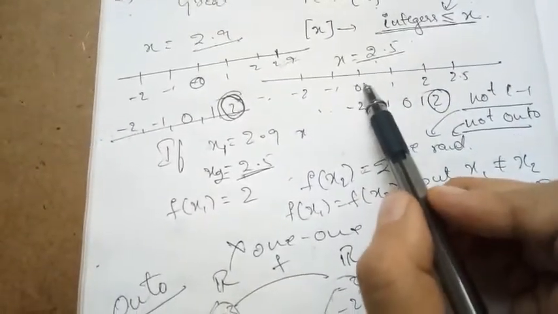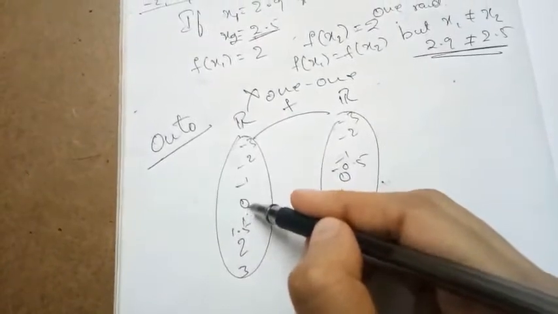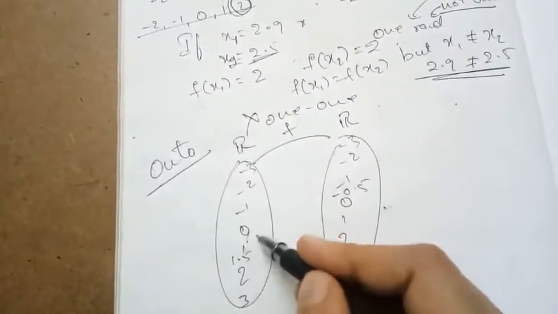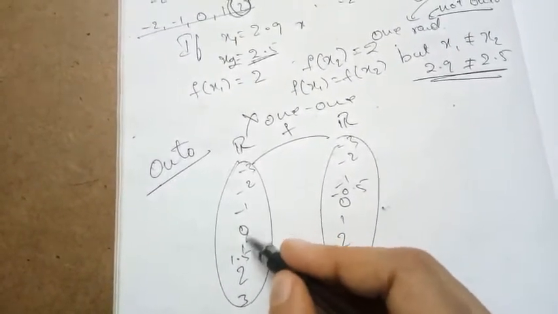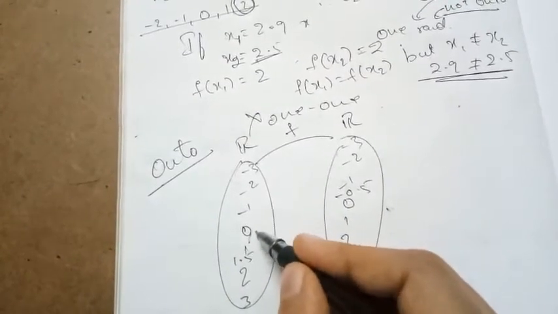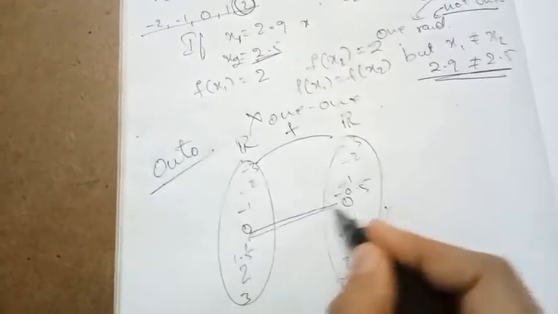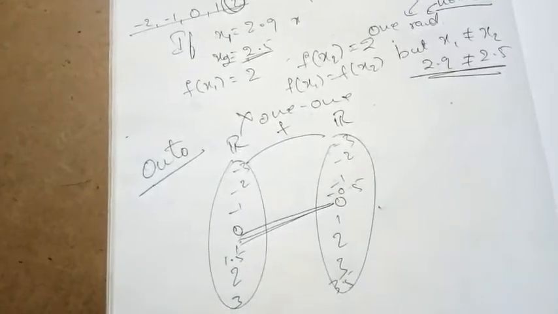Okay. Now if you take any x value from 0 to 1, all those values are going to be accumulated to 0.